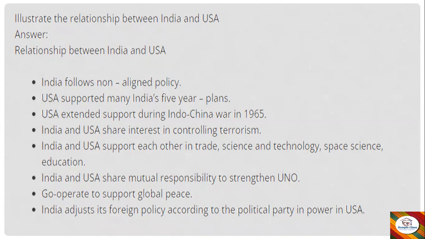India and USA share interest in controlling terrorism. India and USA support each other in trade, science and technology, space science, education. India and USA share mutual responsibility to strengthen UNO, cooperate to support global peace. India adjusts its foreign policy according to the political party in power in USA.